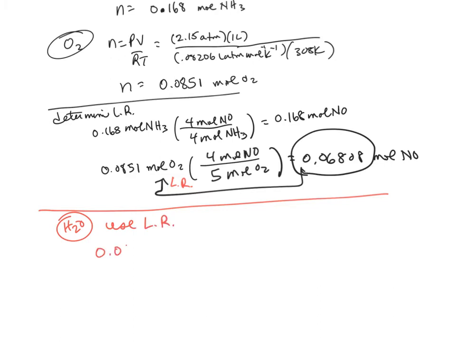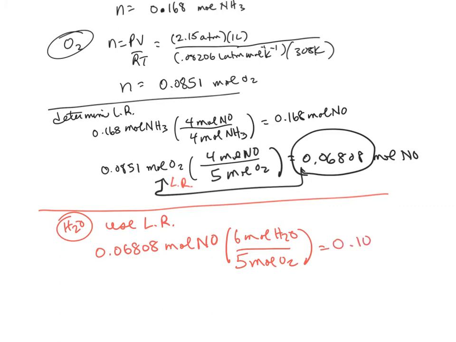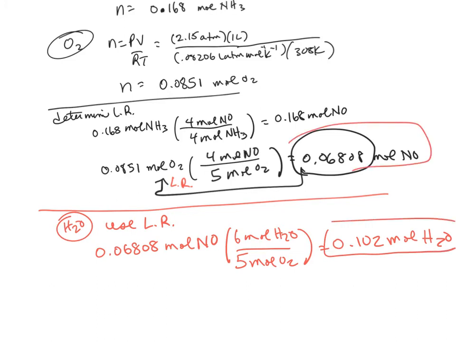So 0.06808 moles, and then this is going to be 6 moles of water for every 5 moles of O2, and this will be equal to 0.102 moles of water formed based on the limiting reactant.